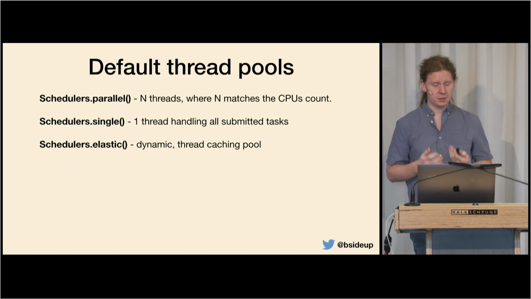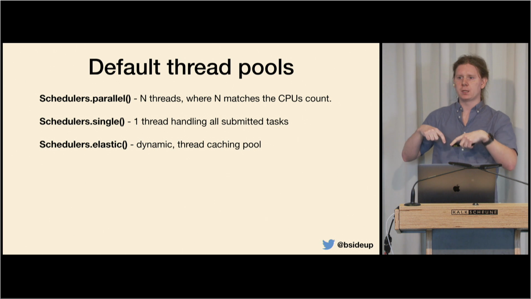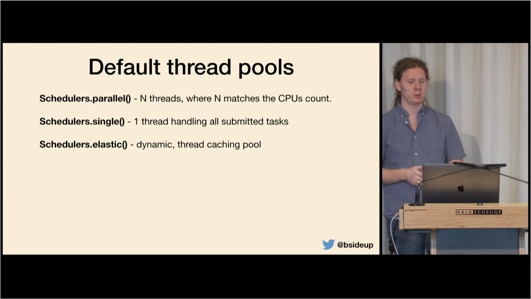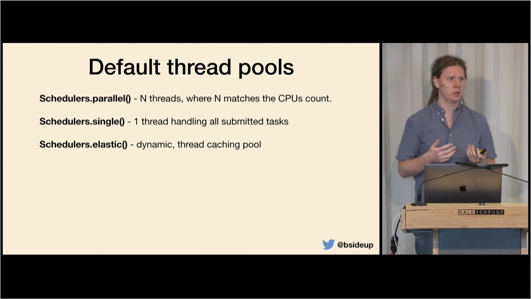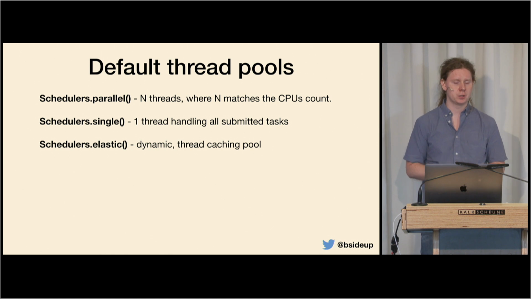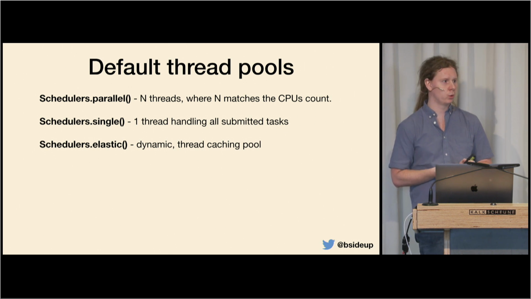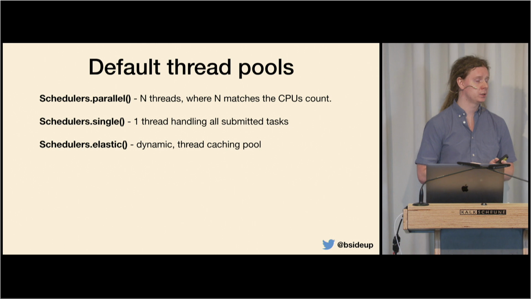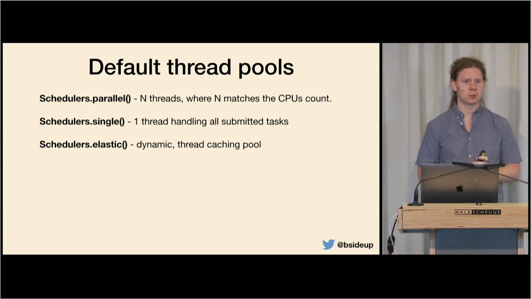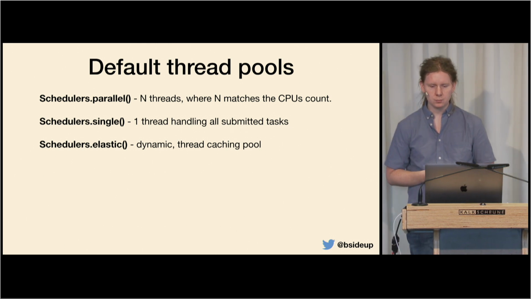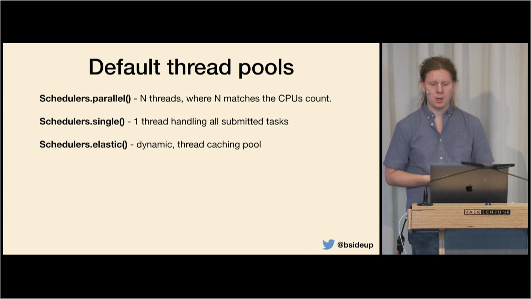Then we have a single scheduler for the ones who want to run something or redirect something to the same thread in case you have this limitation. It's usually used in UI applications maybe, or some specific needs. And there's also the elastic pool. It's not limited, so it will grow forever. And it's recommended if you need to run some blocking code, but not all of them.